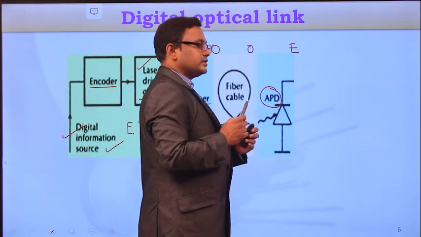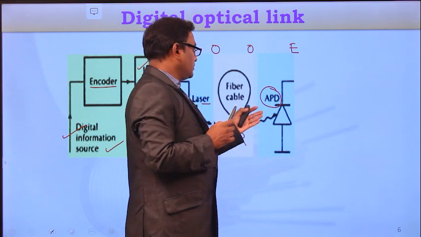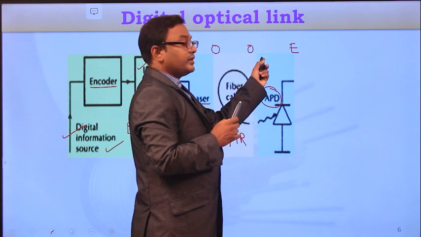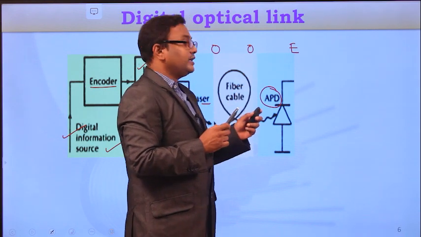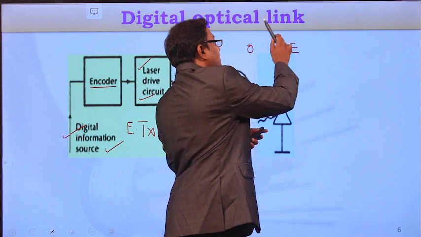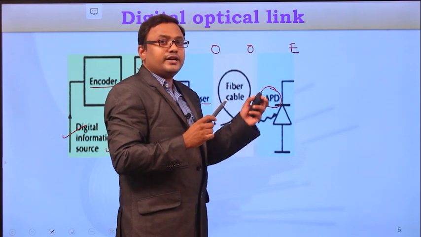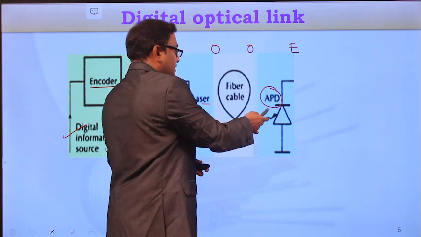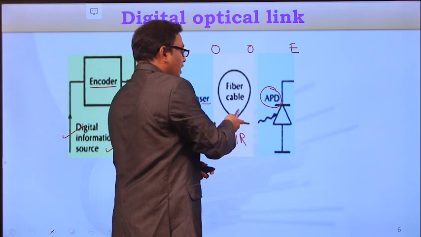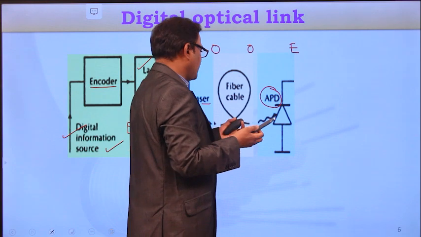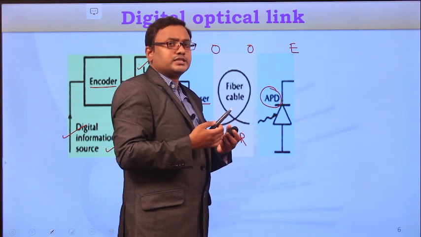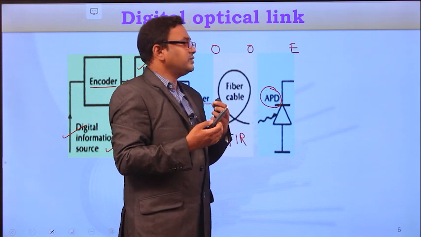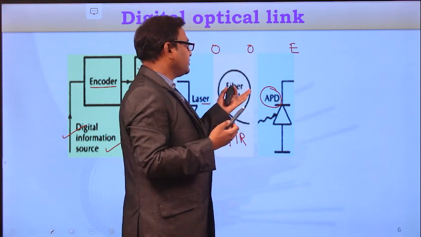This photodiode converts the optical signal coming from the optical fiber cable into an electrical signal, and this electrical signal is weak. Why will it be weak? Because the optical detector receives the signal coming from the optical fiber cable, and in long haul communication systems it has traveled several kilometers, so the receiver receives a weak signal.